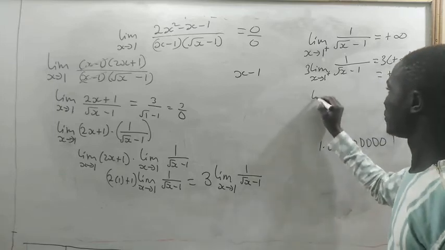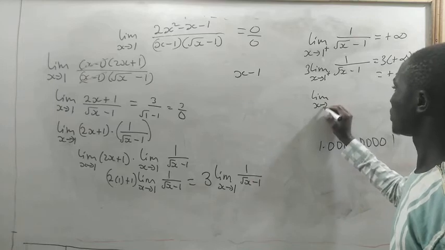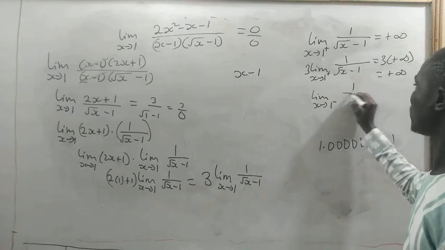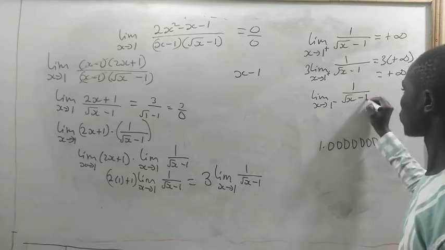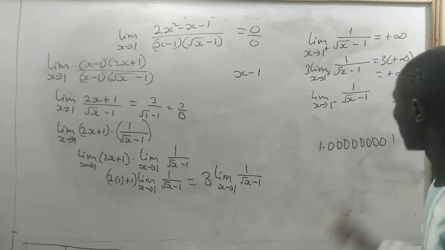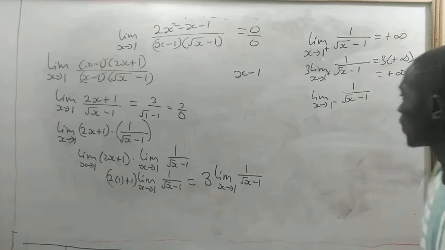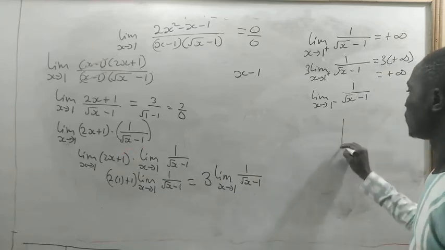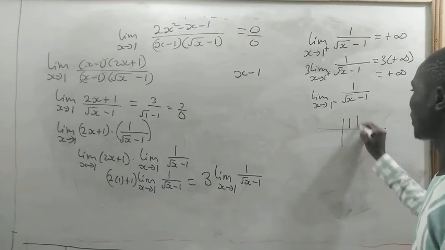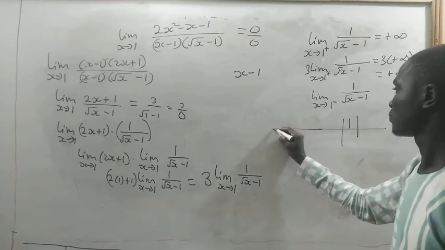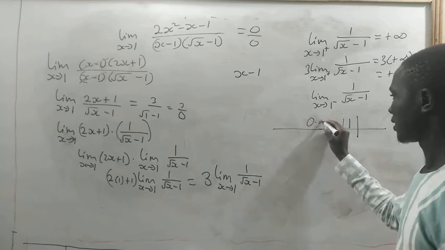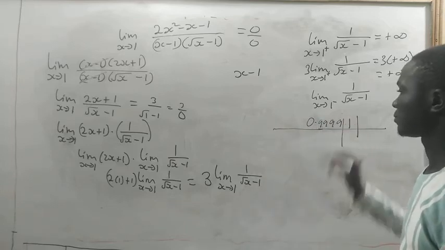So we are going to take the limit as x approaches positive 1 from the left hand side, 1 divided by square root of x minus 1. Now, from the left hand side, it means that we are going to take values less than positive 1. So if we do this and put positive 1 here, on the left hand side, we have, let's say, 0.9999.